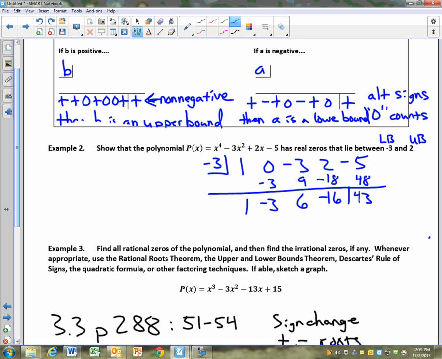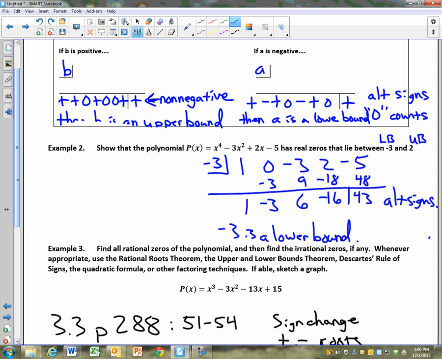What do you notice about the result? You have alternate signs all the way through. Therefore, -3 is a lower bound.